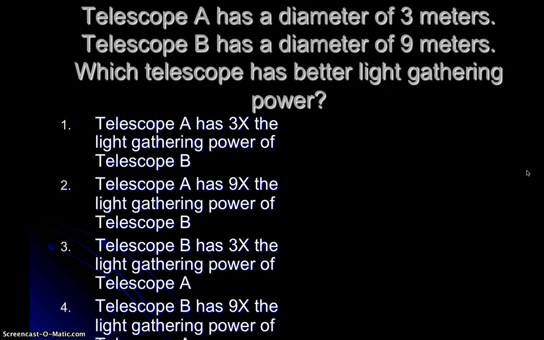But notice that the area is going to be related to the diameter squared. So telescope B is 3 times larger in diameter, but we would square that 3 to say how much larger the area is. So 3 squared is 9. So the answer is that telescope B has 9 times the light gathering power of telescope A.